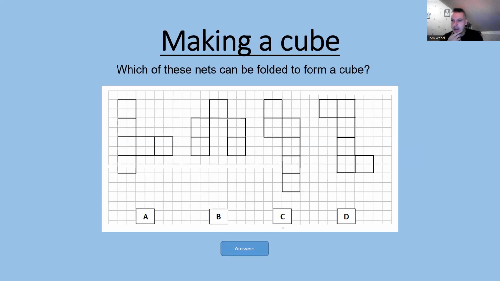So have a little bit of a look here. I'll let you guys potentially answer this one, so pop an answer across. If we're looking here, which of these, there might be more than one, can actually fold to make a cube?